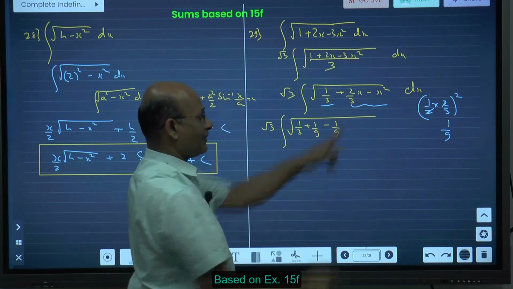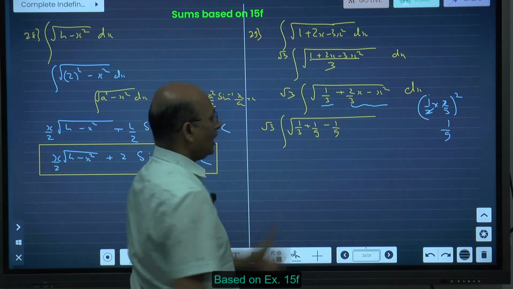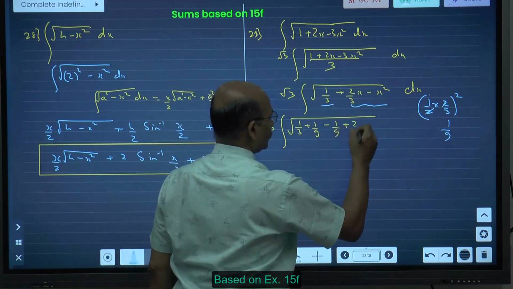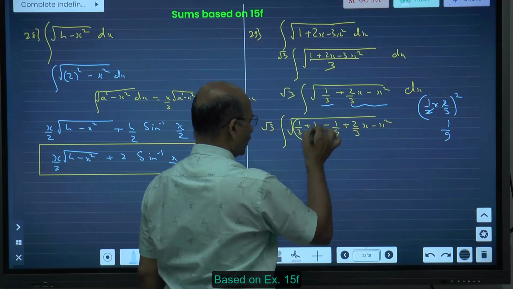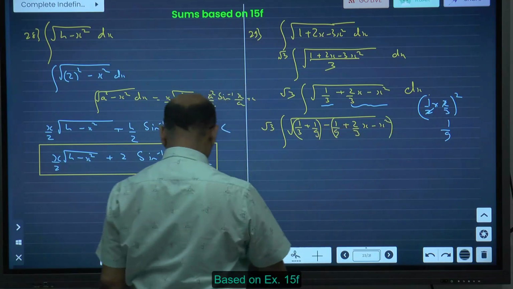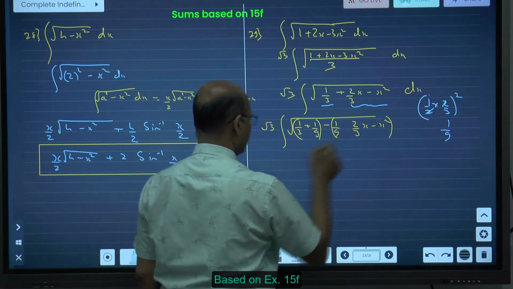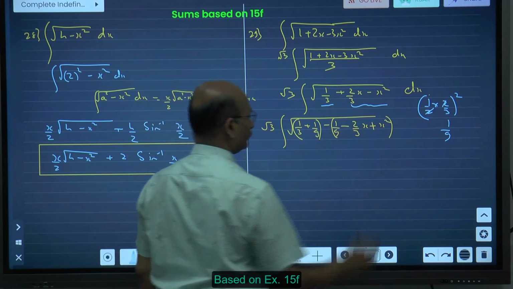I told you whenever there is a minus x square, add and subtract that term which you find right away, and then just copy down these two things, 2 by 3x minus x square. So with the constant one pairing, minus outside, so this plus will become minus and this minus will become plus.